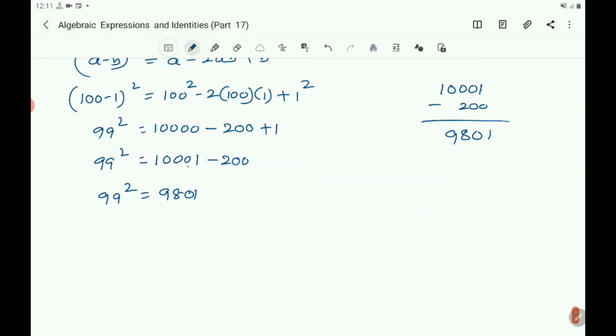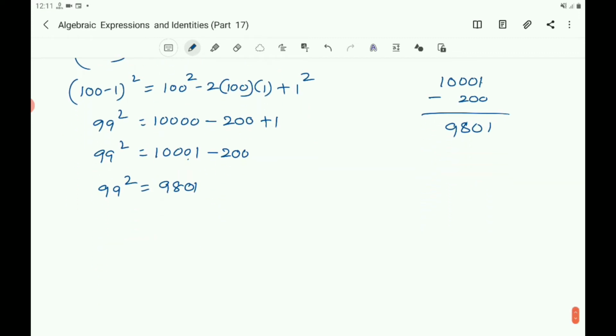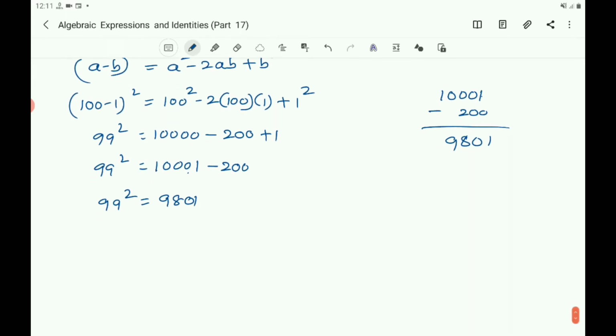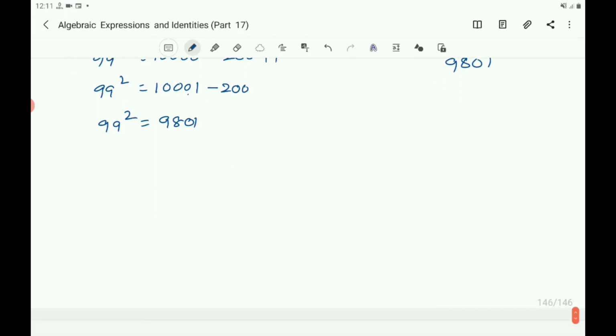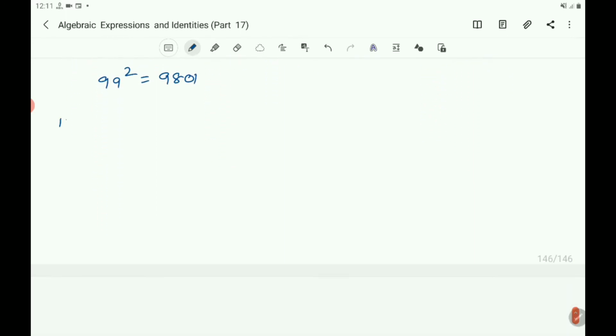Next, the square of 99 is 9801. Then you take the third one: 102 square. Here you express 102 as 100 plus 2 whole square.